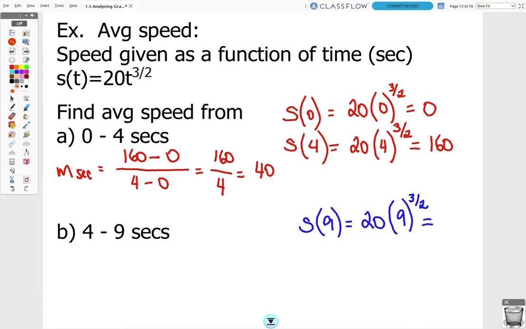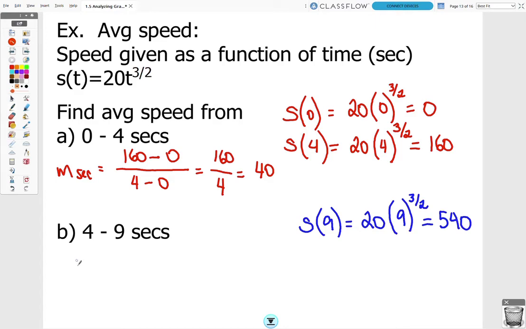And if you remember what we just said a second ago about 9 to the 3/2, we take the bottom number, which is a 2. That means square root of 9. Well, that's easy. That's 3. And then 3 to the power 3. That's 27. Oh, I can do that. 27 times 2 is 54. With a 0, 540.